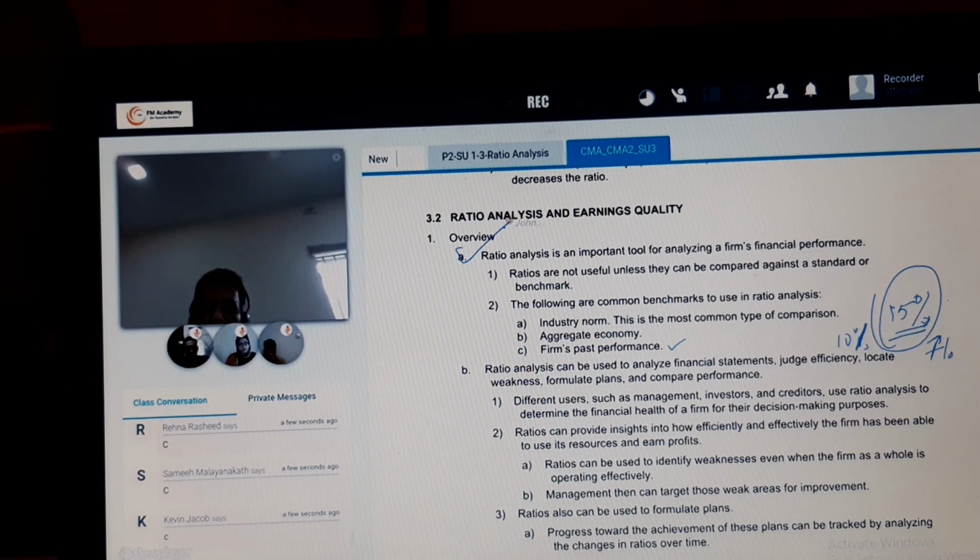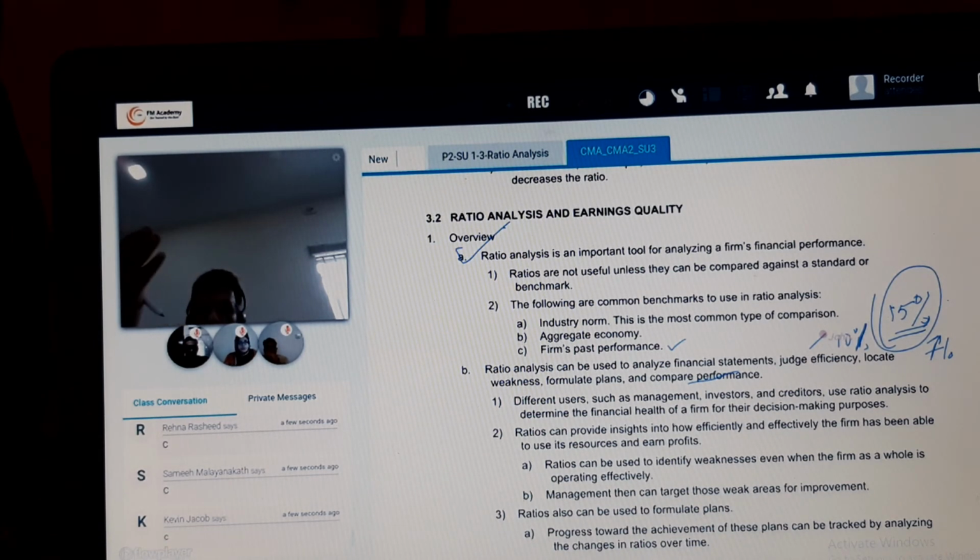Then ratio analysis can be used to analyze financial statements. That is what we have just discussed. Judge efficiency. If your GP ratio is 20% and the industry average is say 30%, then some improvement is needed. So you can see the efficiency, right? If you are comparing this year versus the previous year, you can compare the efficiency of the management, the performance. Once you see that your GP ratio is low, you can see whether that is coming from material, labor or overhead, and then identify that.